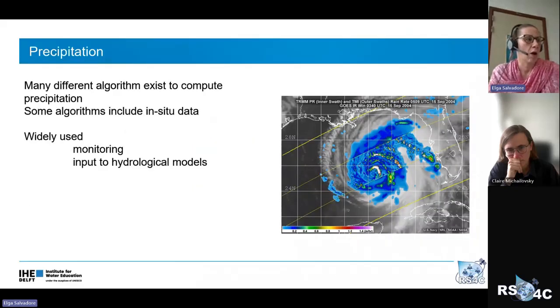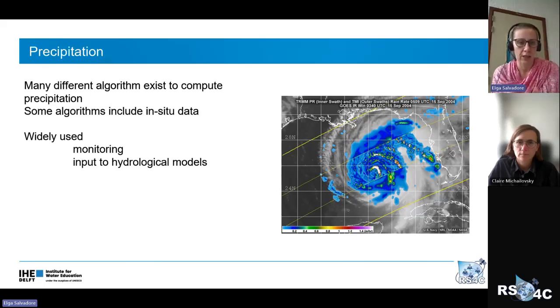So one option is to use remote sensing derived precipitation. I will not go so much into detail, but you have many different algorithms to estimate precipitation using remote sensing techniques. And some of these algorithms already include in situ data in their processing, and they provide validation of the data sets.